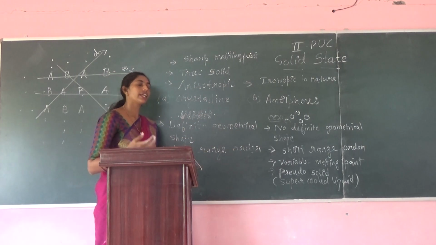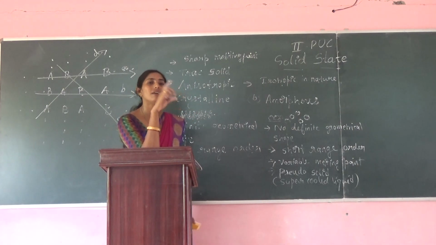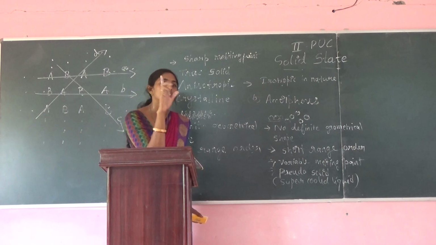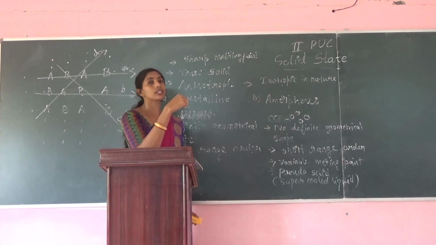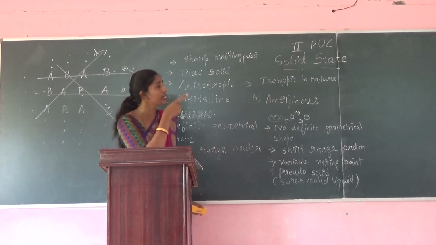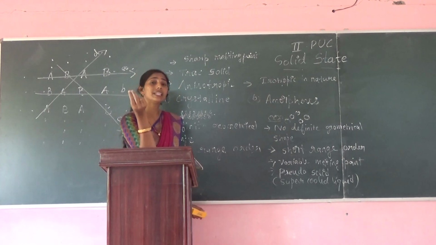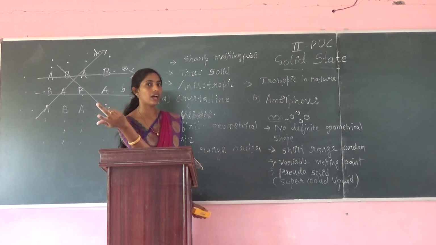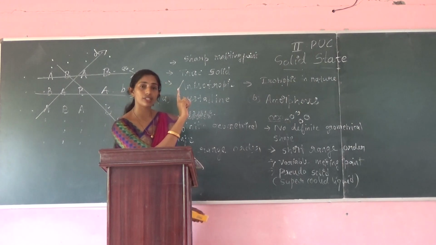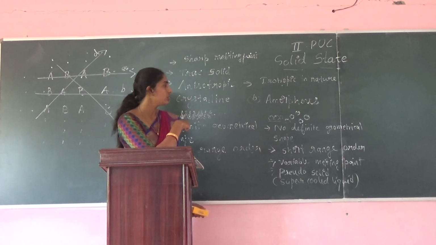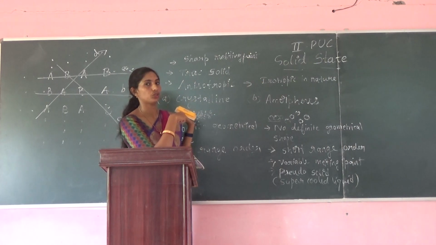Since it possesses irregularities throughout the solid, it usually has the same physical property in all directions. But in the crystalline solid, different directions have different physical properties. If you study the physical properties of amorphous solids, such as refractive index, thermal conductivity, melting point, electrical property, they are usually the same throughout the solid. Therefore, amorphous solids are usually isotropic in nature.